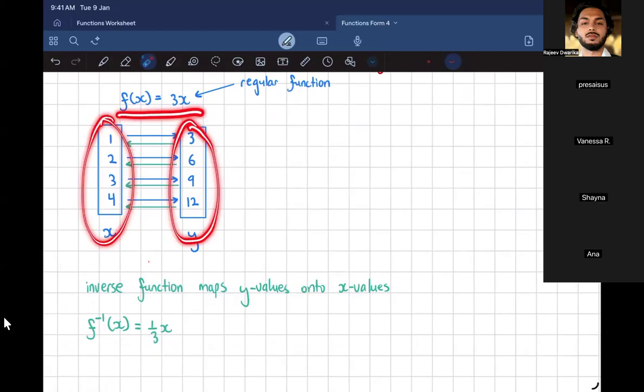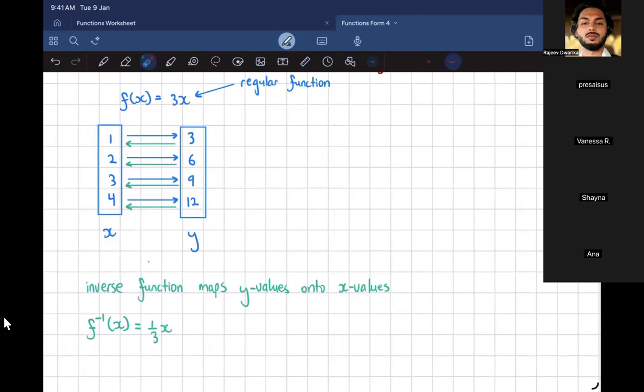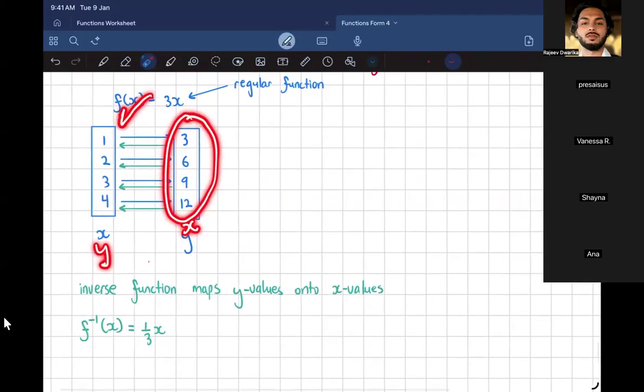You might be wondering, if I'm saying y onto x, then why am I seeing x over here? The reason is that the inverse function switches the x and the y. So this essentially becomes x and this essentially becomes y with the inverse function. If we're looking at the inverse function, we're now plugging in these values instead of these values.